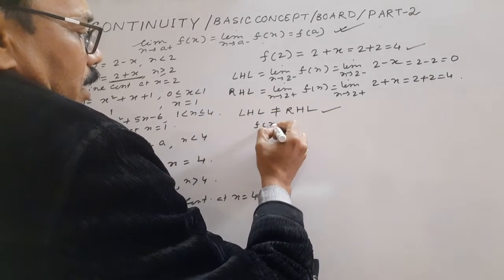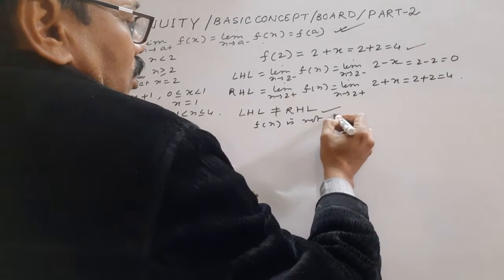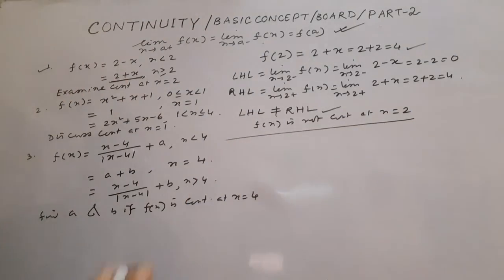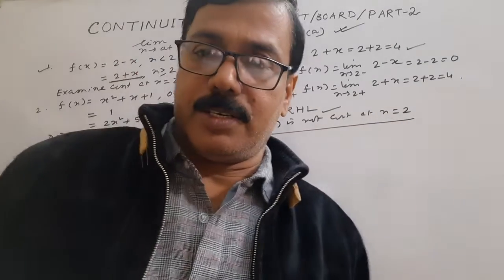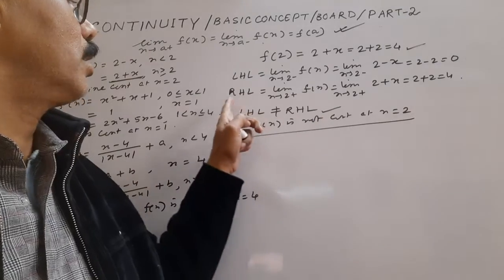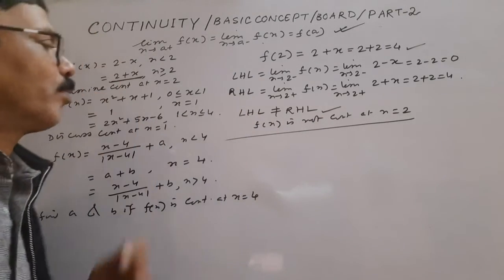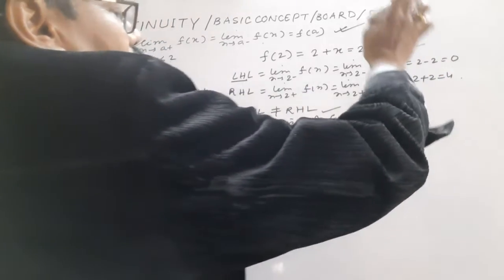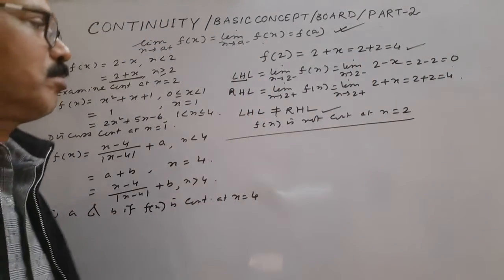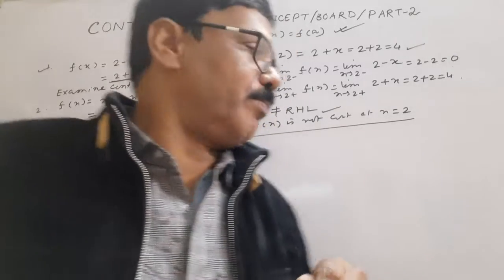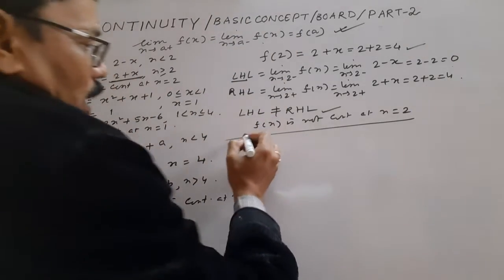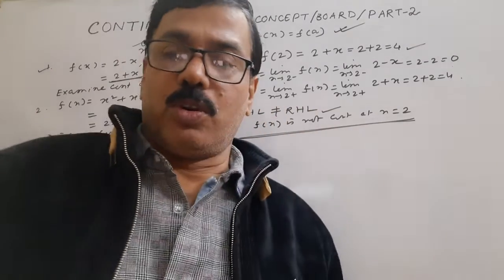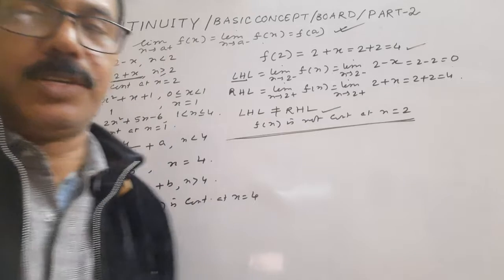So, f(x) is not continuous at x equals 2. I have already stated there is no need of calculating RHL here because LHL is 0 and the functional value is 4. They are not the same. But here we have calculated the right hand limit to know how to find the right hand limit.